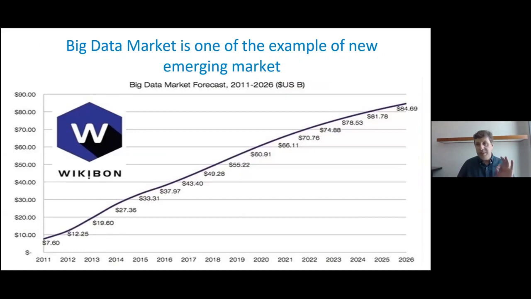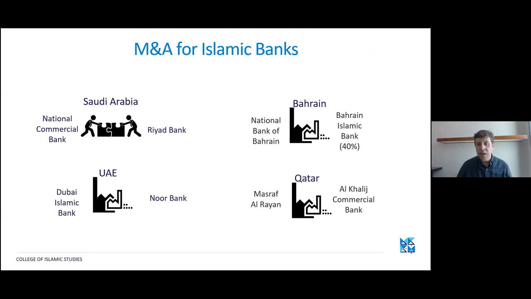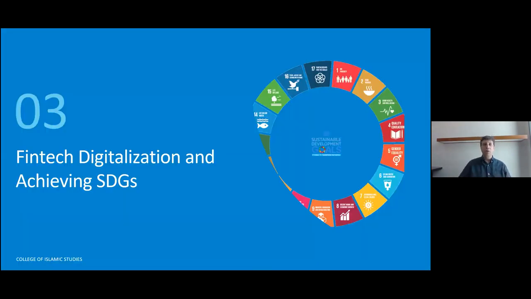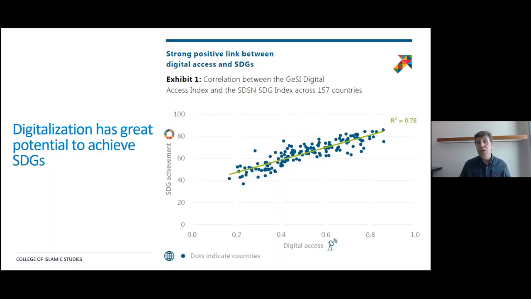So data is the most important thing, as I said. Data is going to be more important, and I gave some figures to substantiate these ideas, but you can have a look at them later. This COVID-19 has also shown us that sustainability and the sustainable development goals are important. Digitalization helps in that direction and has great potential to achieve the SDGs.